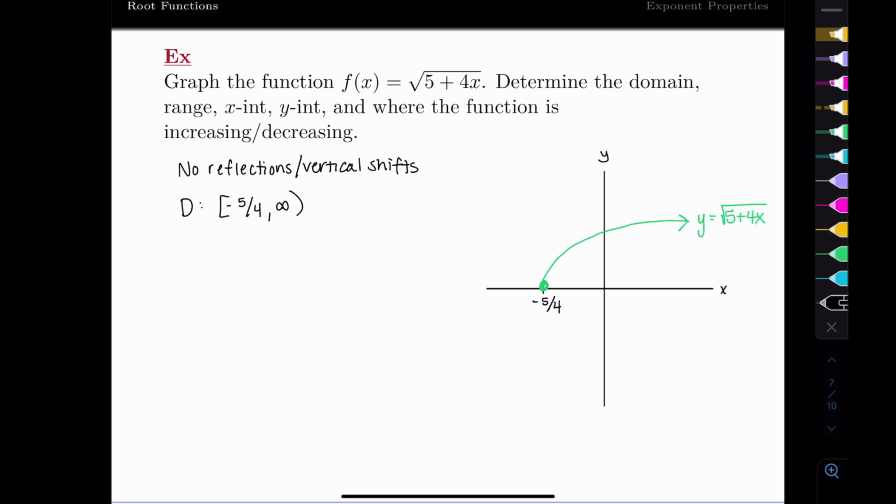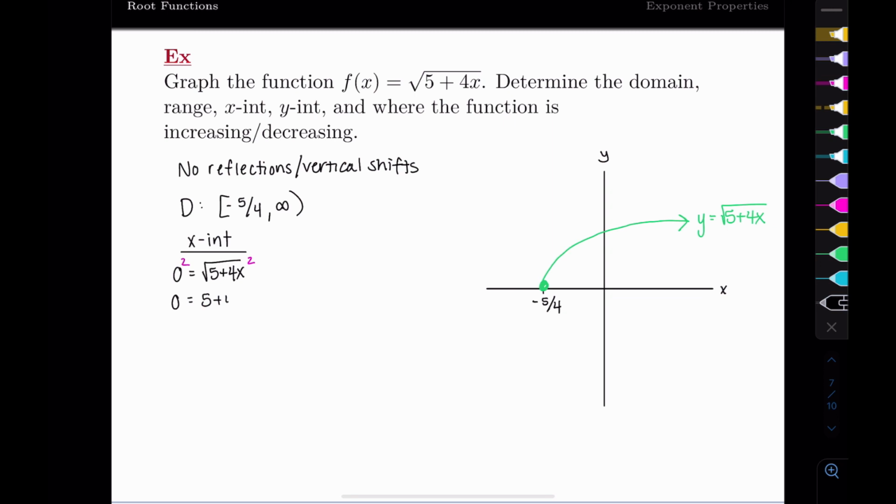We can also find our intercepts if we want to get a really decent picture. We also need to do that for finding part of this problem. But if we find the x-intercept, this is where our function is equal to 0. And this is kind of jumping the gun a little bit, because in the very next section, we're going to talk about solving radical equations. But we have a square root. To get rid of a square root, we square both sides. 0 squared is 0.